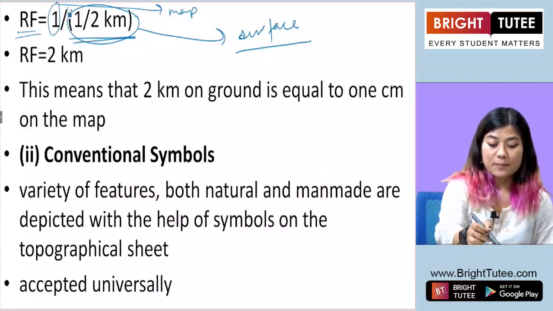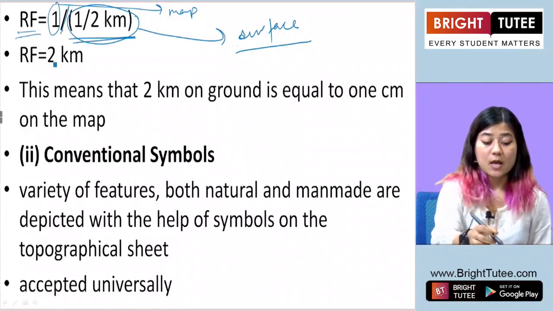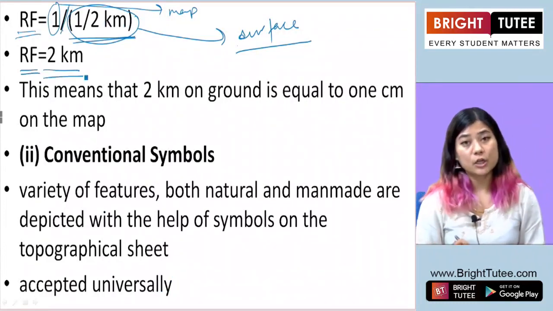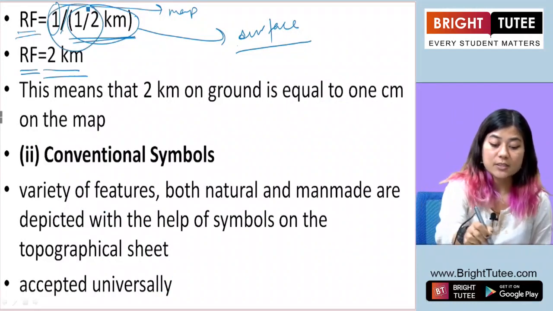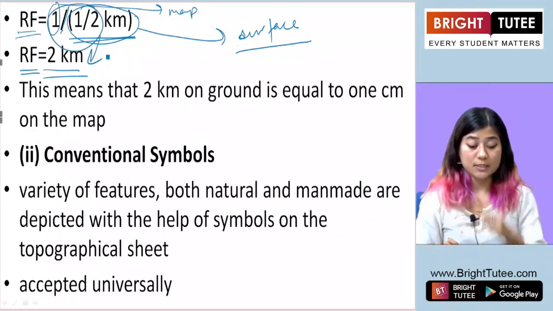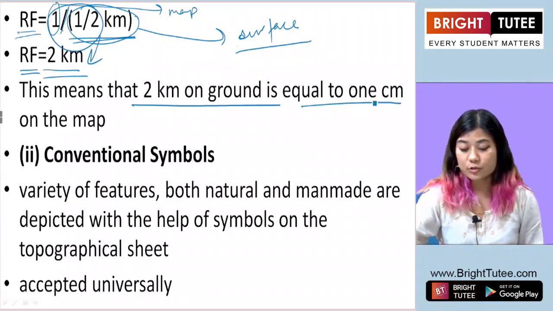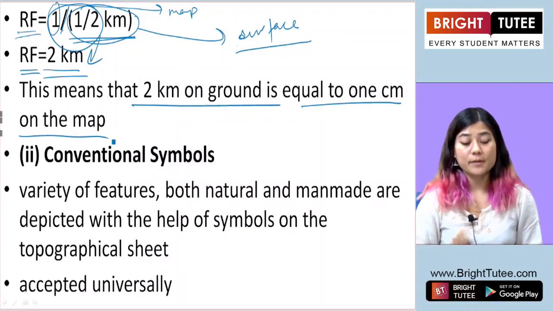Right? So 1 by half kilometer, and the RF, the representative fraction, equals to 2 kilometers here. Okay, the calculation results to 2 kilometers. This means that 2 kilometers on ground is equal to 1 centimeter on the map.